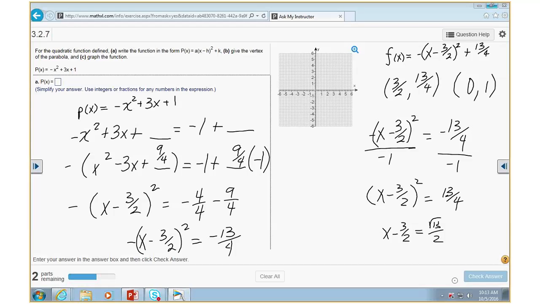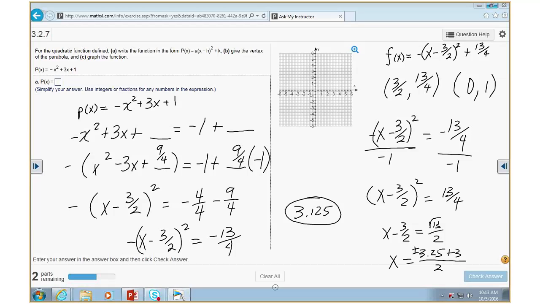And the square root of 13 is between the square root of 9, which is 3, and 16, which is 4. So it's going to be right at 3.5. What is it? 3.25? Okay, I just did it wrong in my head. x is equal to 3.25 plus 3 over 2. And 6.25 divided by 2 is 3.125.